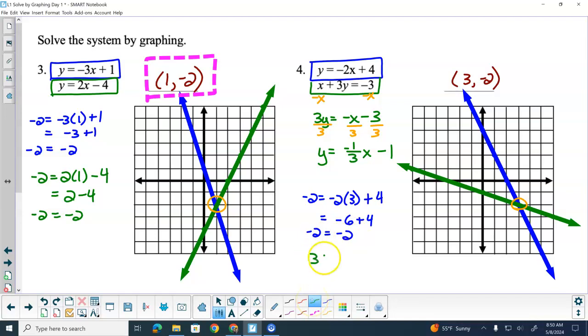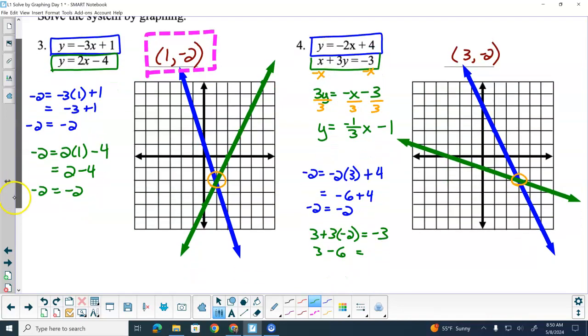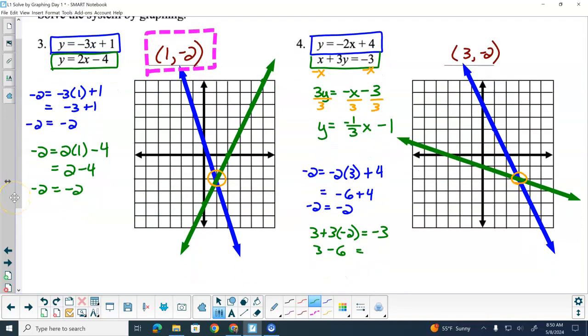X is 3 plus 3 times negative 2 has to equal negative 3. That gives me 3 minus 6. 3 minus 6 is negative 3. And negative 3 is equal to negative 3. So that is my answer.